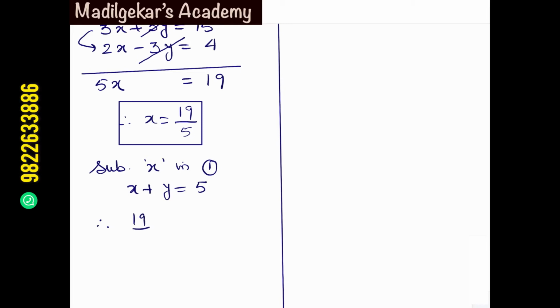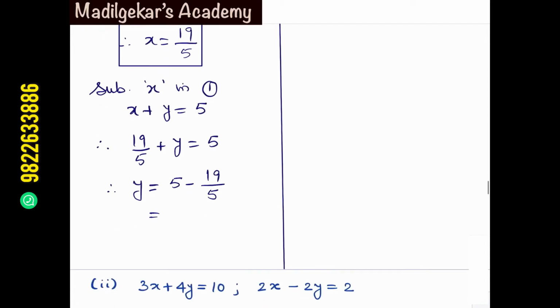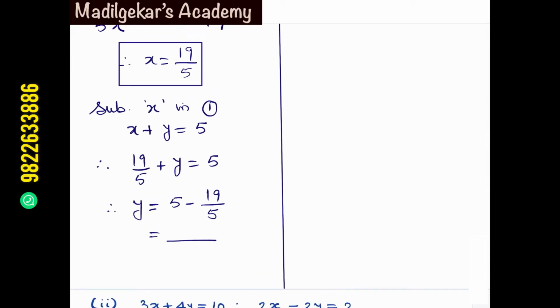So 19 by 5 plus y equals 5. As we have to find the value of y, take 19 by 5 to the right side. LCM is 5. So 25 minus 19 is 6. So in this way, we get the value of y.